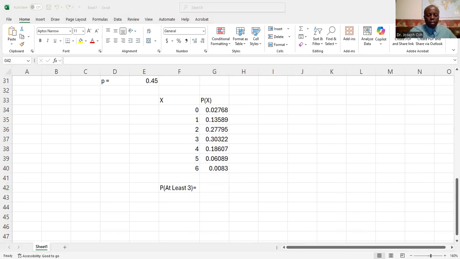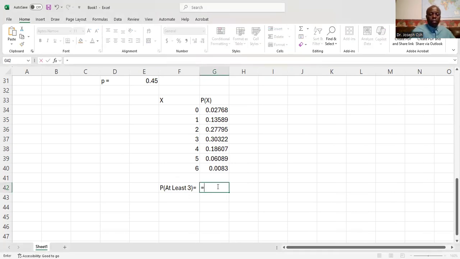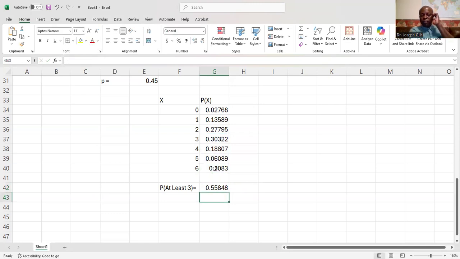Yep, you're seeing it. Equals, start from 3, you add this plus this plus this and plus that. Say 0.558. Write it down. 0.558. So we can go to your workbook and add it.